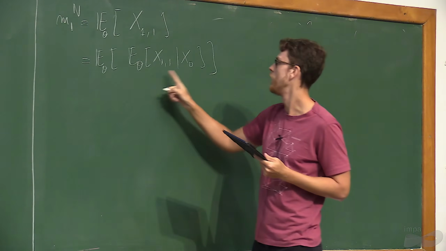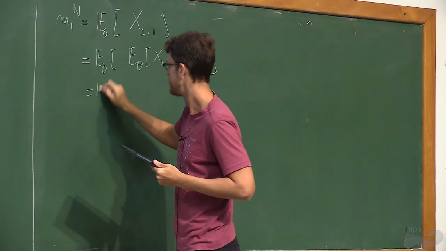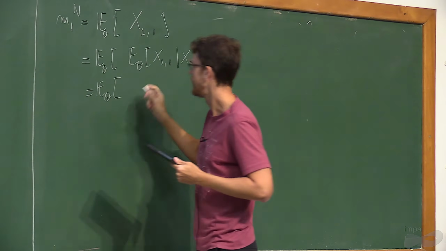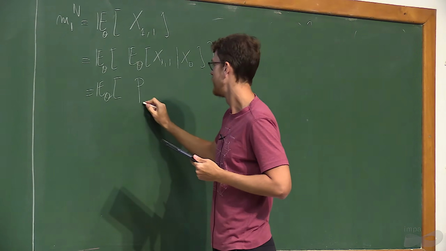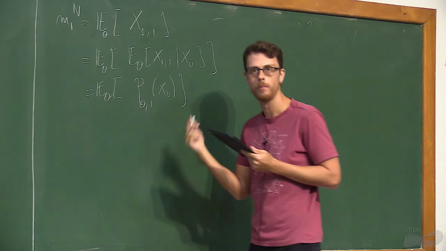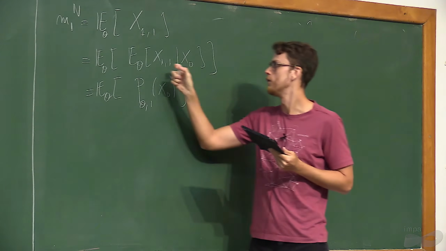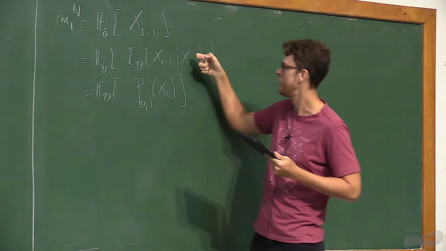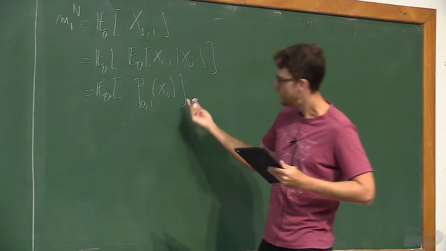And then this is going to give me what I defined at the beginning, this p theta 1 of x0, right? The probability of observing a signal in vertex 1 given the past configuration. And we have a formula for this, no?